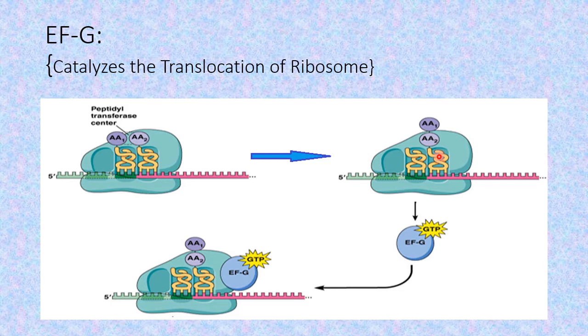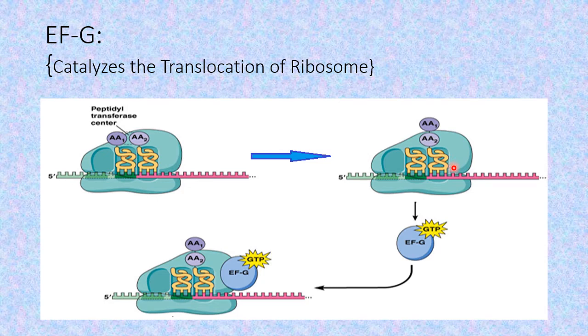And hence we say that the direction of protein synthesis, the direction of translation, is from N to C, because in any amino acid, one is the amino group, the N end, and the other is the carboxyl end or the C end. So this peptide bond formation takes place.